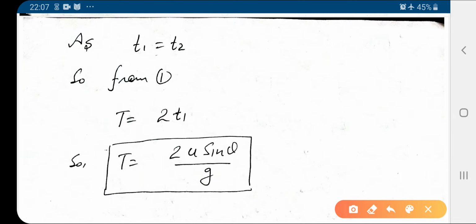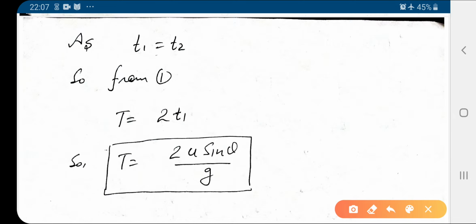So see, maximum height is just a distance. For distance we will use the second equation of motion. Again here u is uy, because we have to find the maximum height, and for height we take the velocity along the y axis, that is uy, and uy is equal to u sin theta, and for vertical upward distance a is equal to minus g, and t is the time of ascent to reach the maximum height.